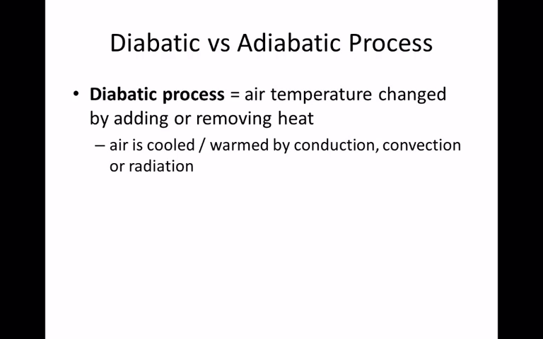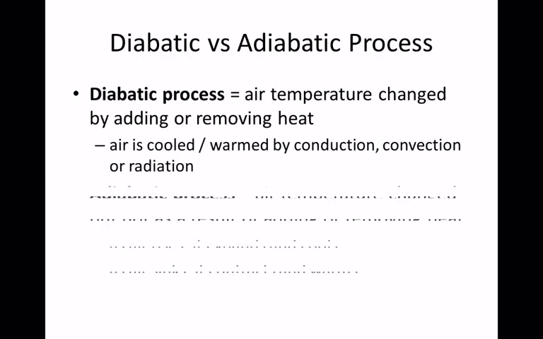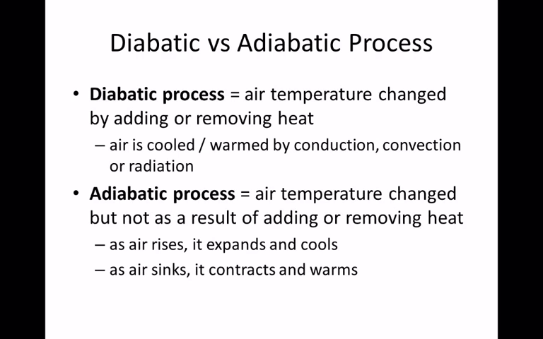That's diabatic heating. Okay, an adiabatic process, or adiabatic heating or adiabatic cooling, is basically you define your system, which is going to be a chunk of air, and it's kind of like what happens in Vegas stays in Vegas. Nothing crosses the boundaries.